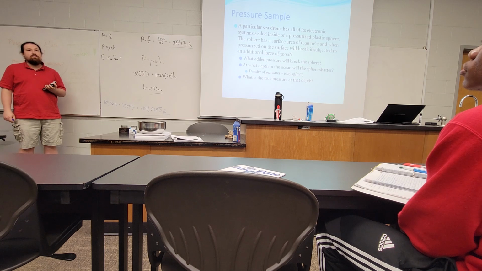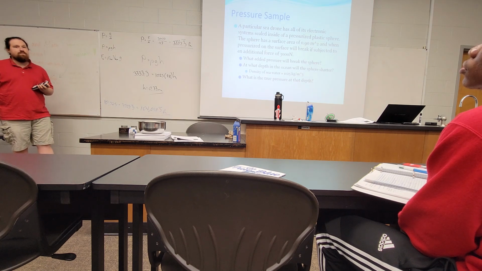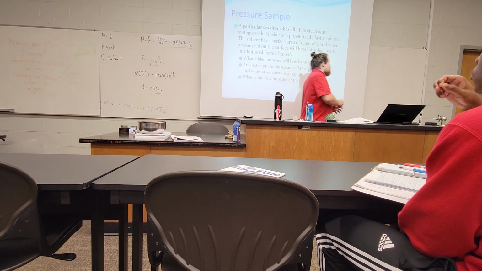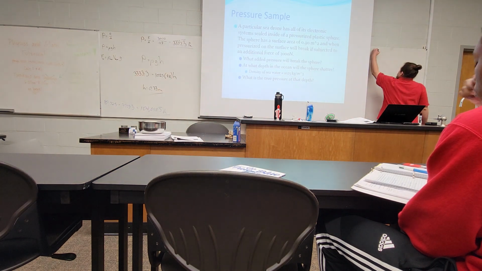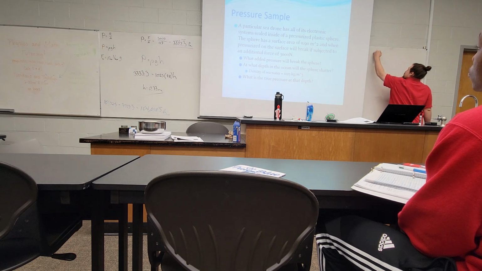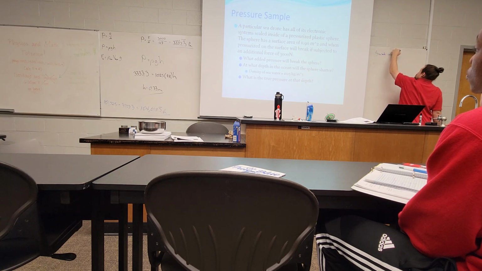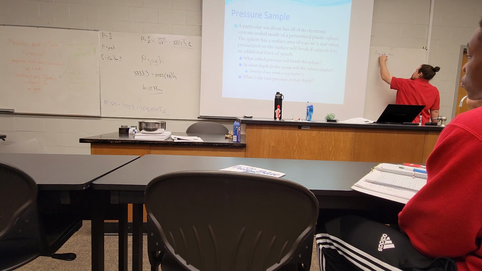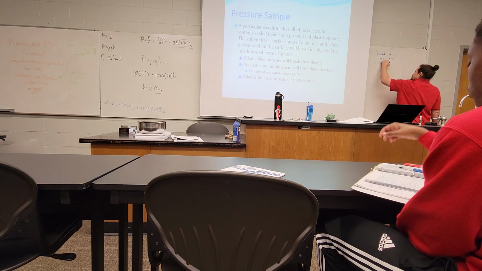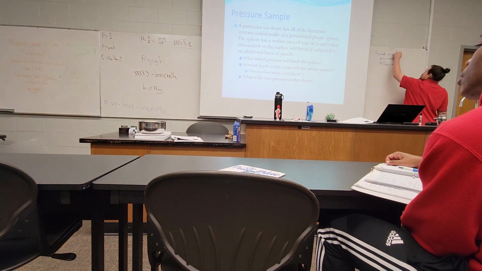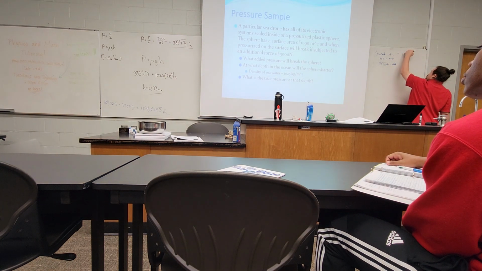Yes? How do you calculate air pressure? Is that a given? Most sciences just assume and consider standard atmospheric pressure at room temperature, at Earth's surface, to be a given of 101,325 pascals.